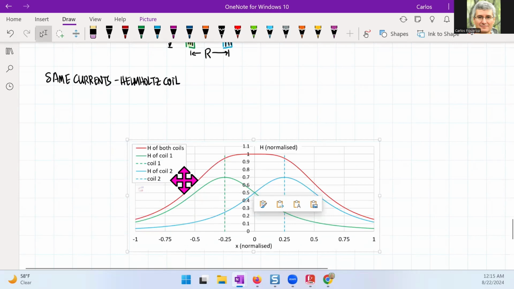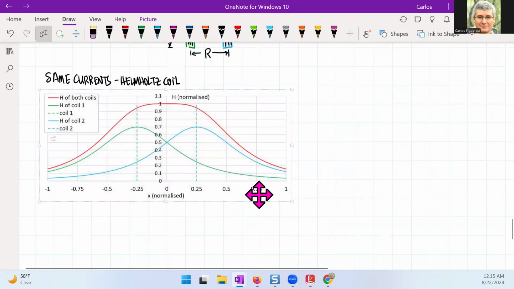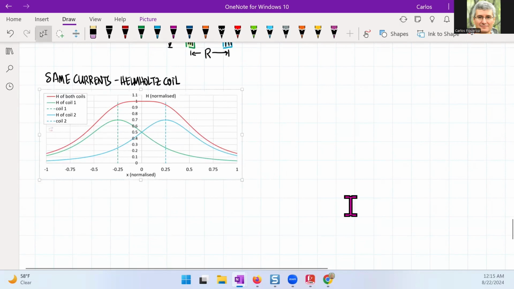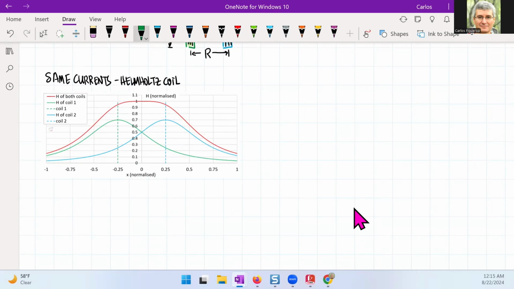What you're seeing here is the magnetic field. So let me make this a little bit smaller. This green one right here is the magnetic field of the green coil listed up above. And then the second coil, the blue coil, also produces a magnetic field that looks like this.